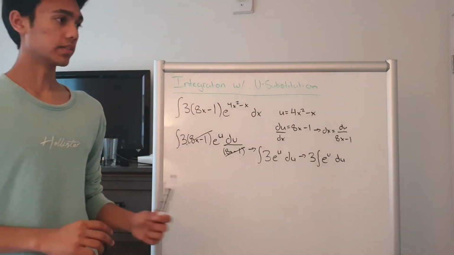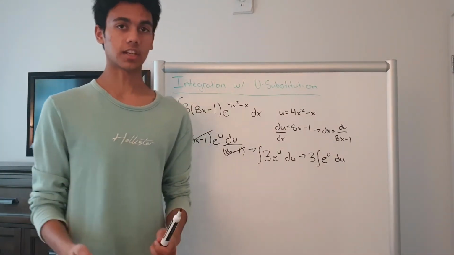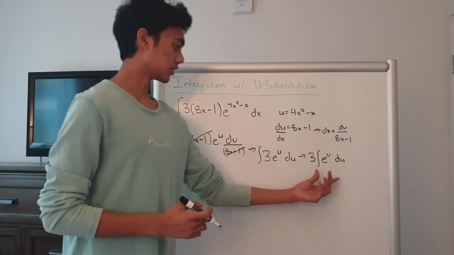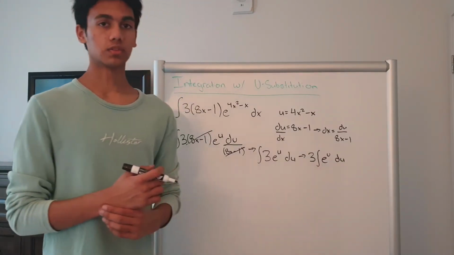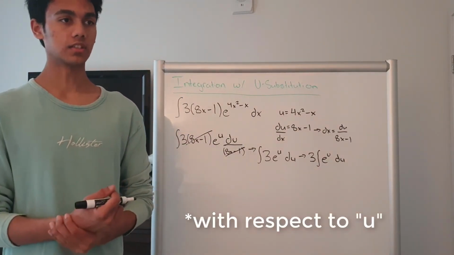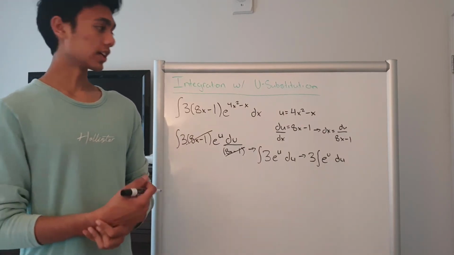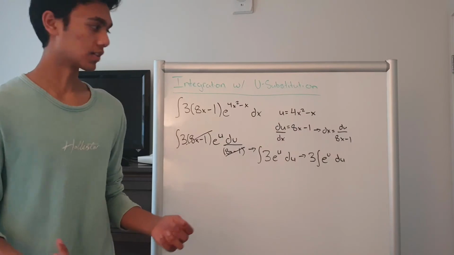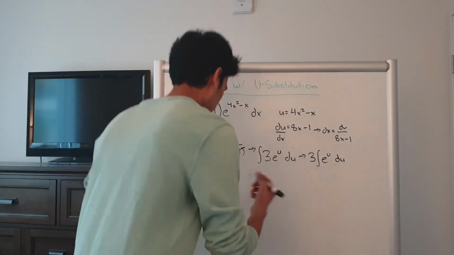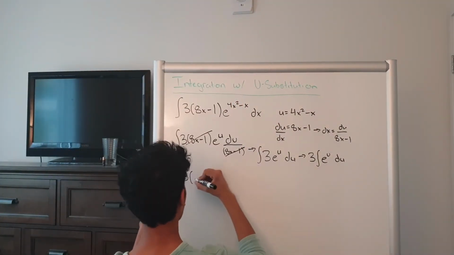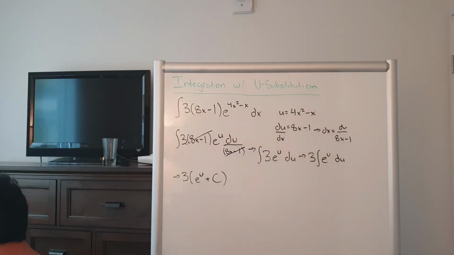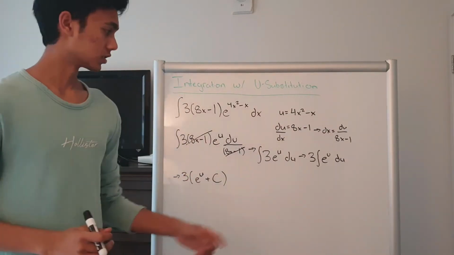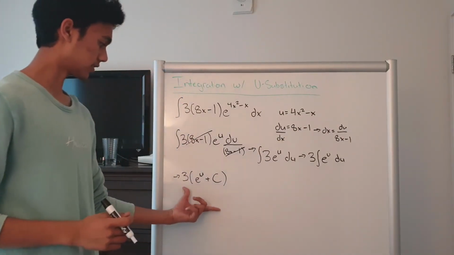We know that the derivative of e to the x is just e to the x. With that, we can say that the derivative of e to the u with respect to du is going to be e to the u. Now, we're taking the inverse of the derivative, which is the integral, but either way, it's still going to be the same term. So we can just write this out as this.